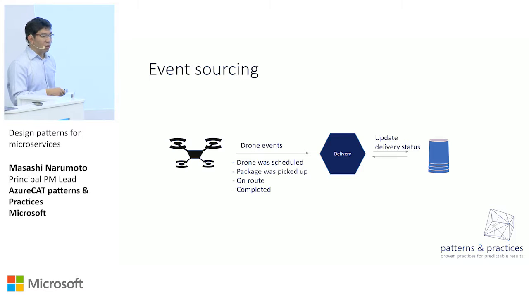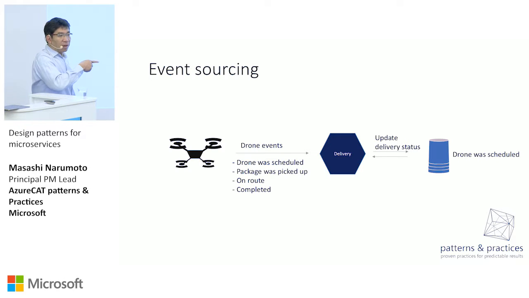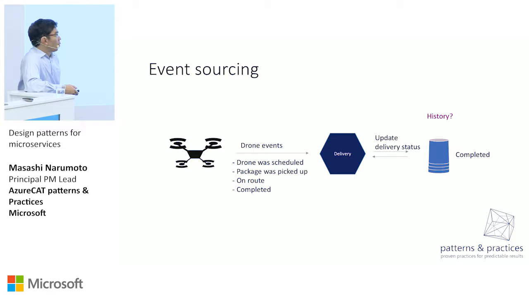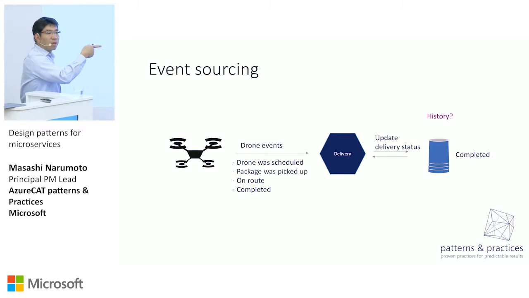And usually what we do is update the same data record, like drone was scheduled, picked up, on route, and completed. But the potential problem of this approach is that you lose history. When the drone was scheduled, because we keep updating it, right? You lose that history.